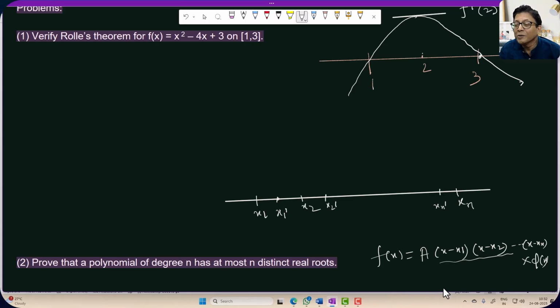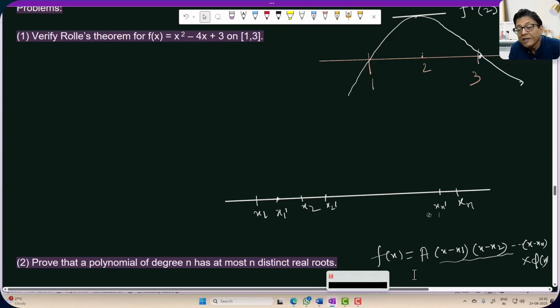So, roots of that will be x1', x2', ..., x(n-1)'. It cannot go beyond, because roots of f(x) = 0 will separate the roots of f'(x) = 0, and the n minus 1 roots you already got. Why do you go out? So it has at most n real roots.